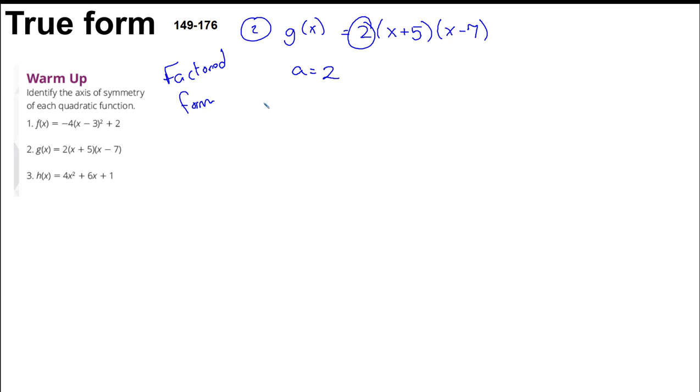That's going to tell you if it's going to be any reflections vertically, in which in this case it's positive, so there is no reflection vertically. It also tells you your stretch / compression vertical, and that 2 is a stretch of 2. So that 2 is the same thing as like we had that negative 4 in the previous one. So it tells you the same information.